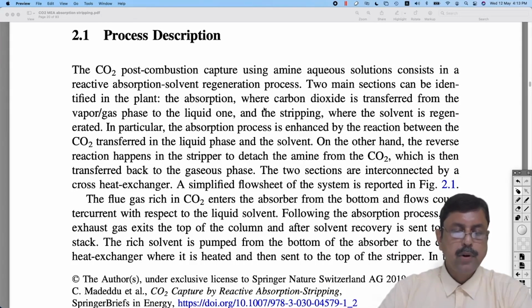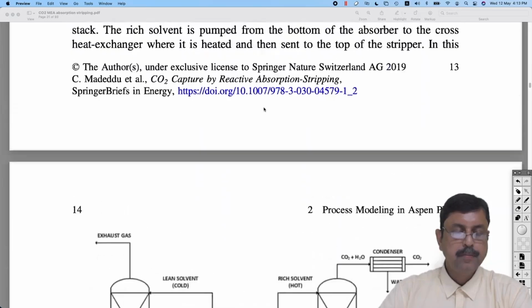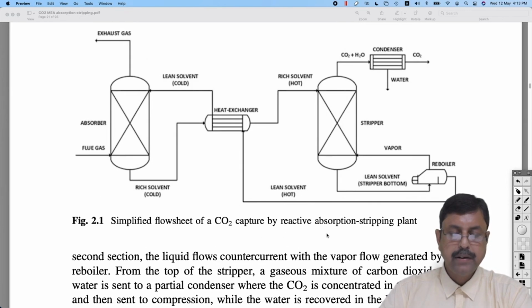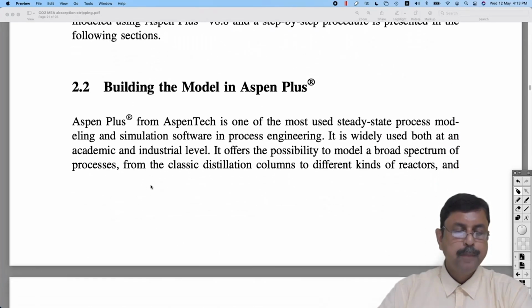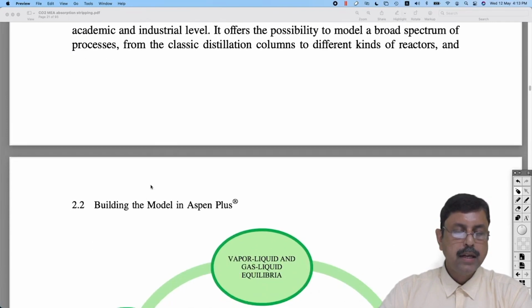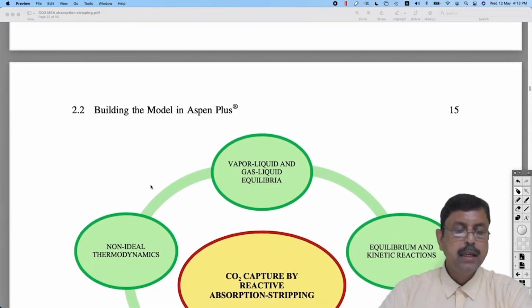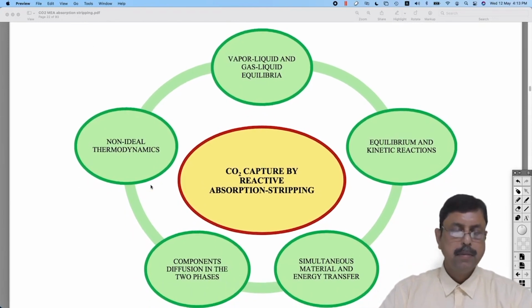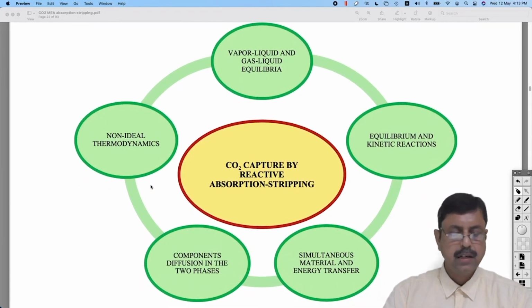So here the process description has been given and the simplified flow sheet of CO2 capture by reactive absorption and stripping plant. This will come later. And here, building the model in Aspen Plus, although we know how to do it, they have given it in a nutshell.